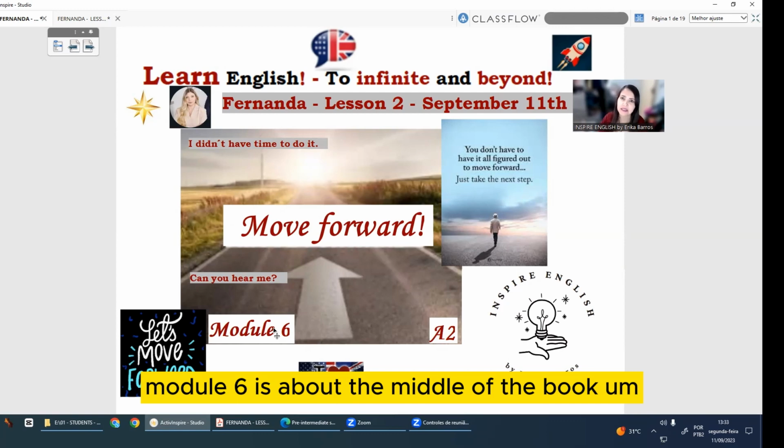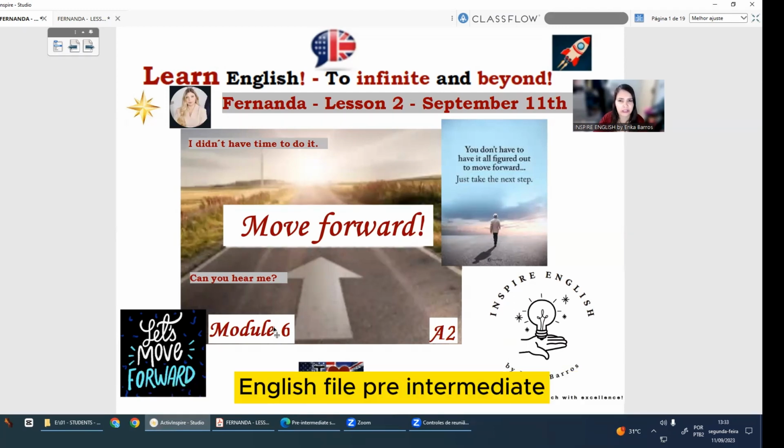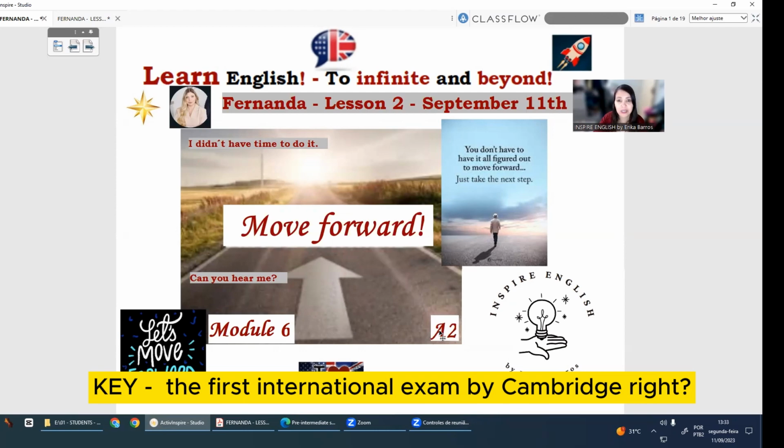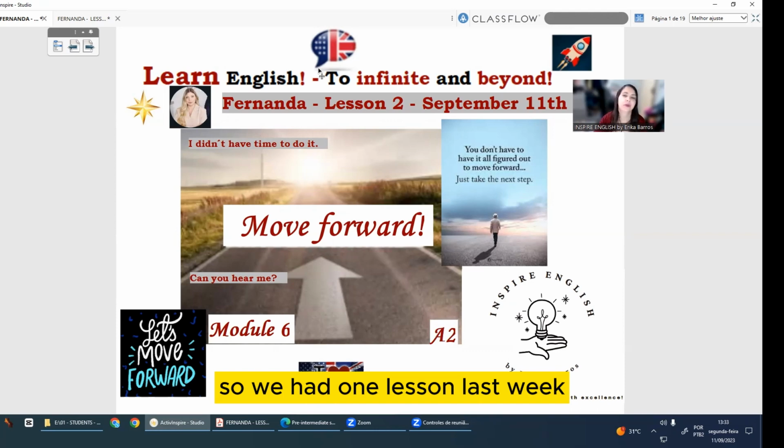Module 6 is about the middle of the book English File Pre-Intermediate. It's a preparation for A2 Key, the first international exam by Cambridge, right? So we had one lesson last week and then the second lesson today.